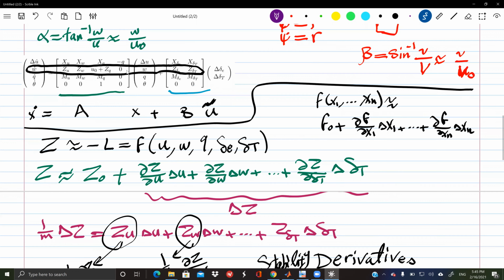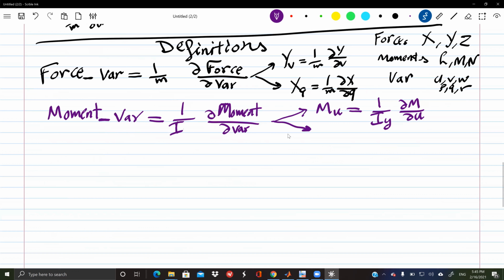All of our airplane characteristics are in terms of stability derivatives. So you need to know what these stability derivatives are and how they are defined. So here, for example, what is LV? This is again partial L partial V. And now I'm going to divide by what I? Can anyone tell me?